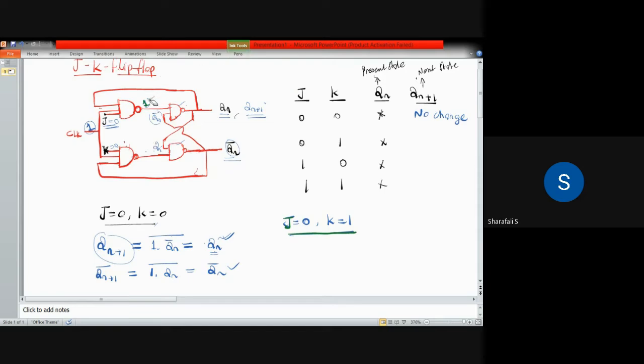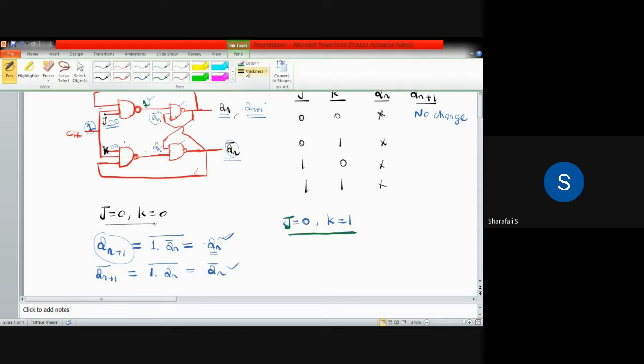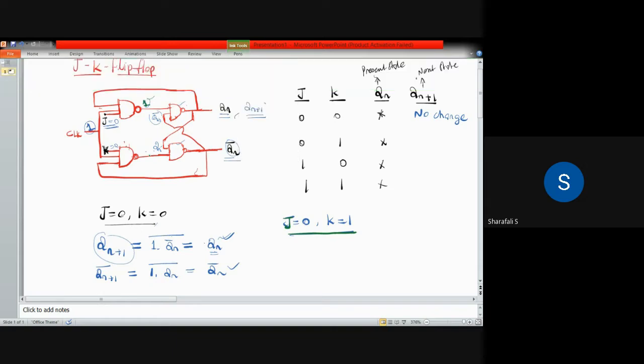So this one will be 1, and the second one is K equal to 1 now. The clock is also 1, so 1 dot 1, no problem. And this output will come here, so that is Qn bar.